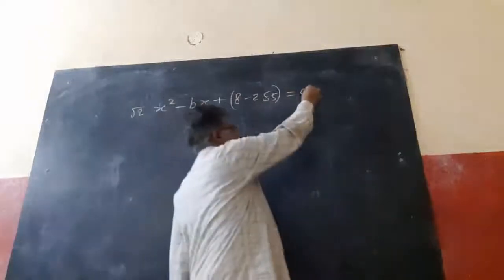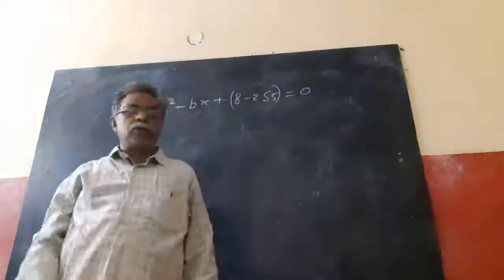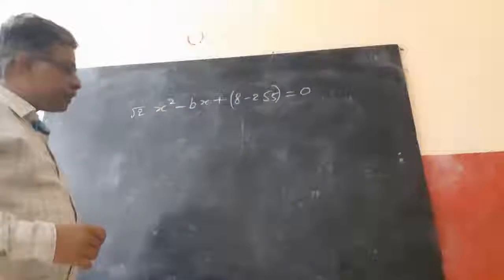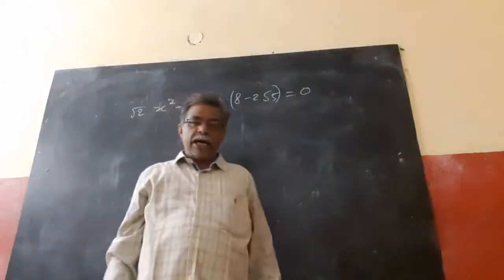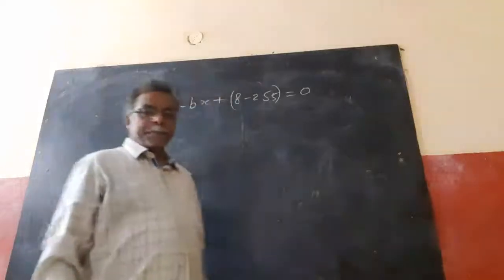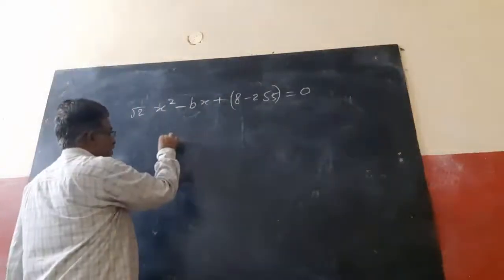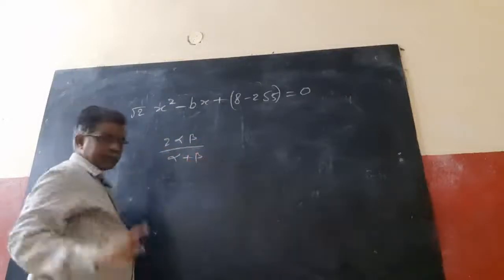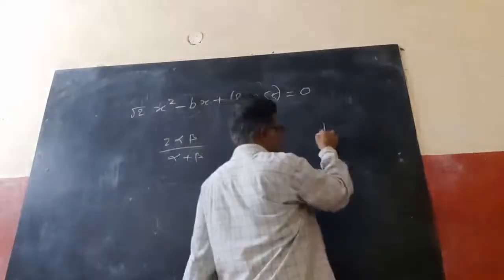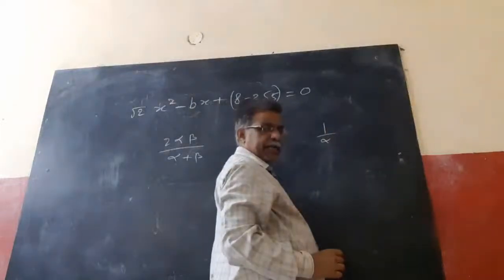Harmonic mean of the roots: alpha and beta are the roots. Then what is the harmonic mean of alpha and beta? Harmonic mean is the reciprocal of the arithmetic mean. Arithmetic mean is alpha plus beta by 2.